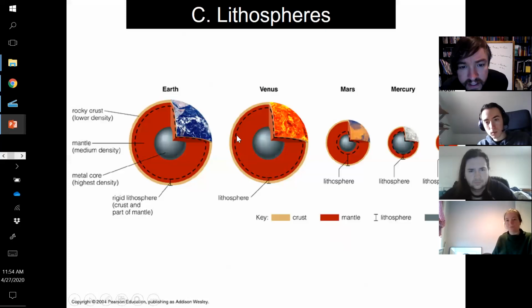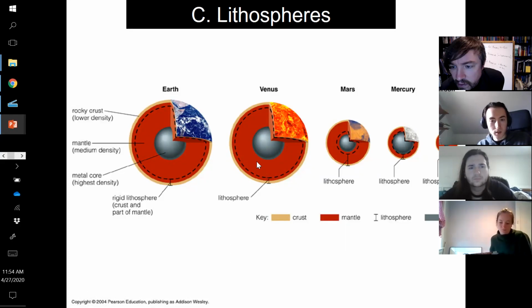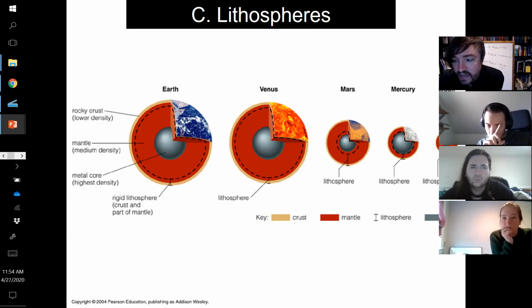How about Venus? Does Venus have a magnetic field? Doesn't it not rotate, or is that Mercury? Well, a little of both, but Venus is especially slow. You will remember that the spin period of Venus is something like 243 days, where its orbit around the sun is 220 days.